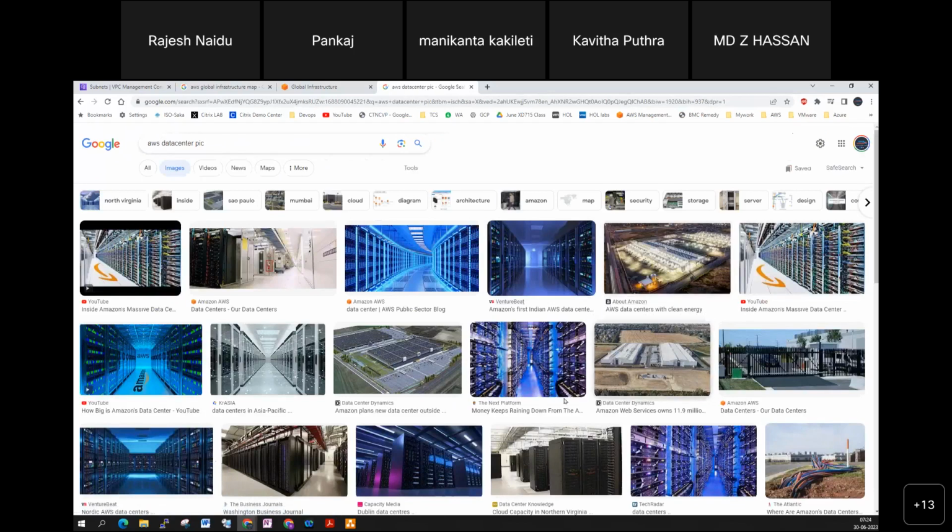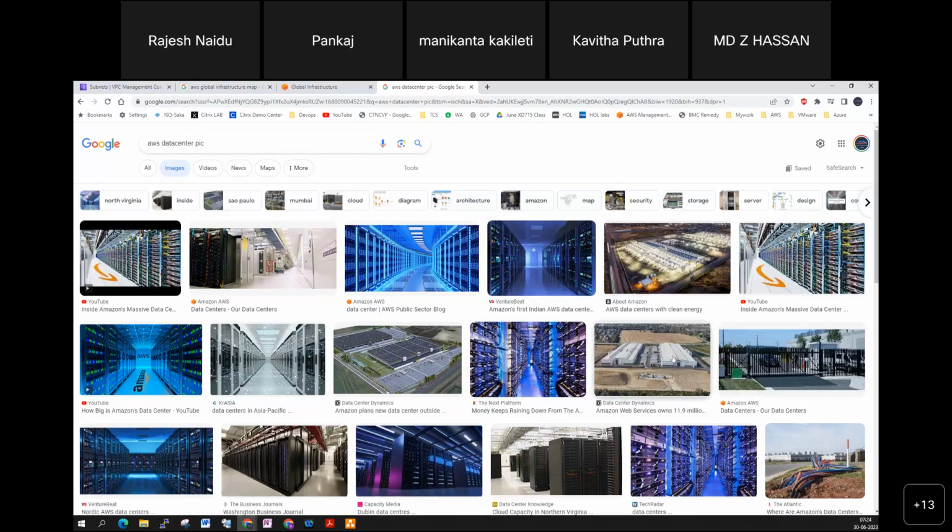Normally people maintain some servers on one floor so they can do their business. That's the personal data center they use. This type of big data center is used for cloud services. This is one data center.